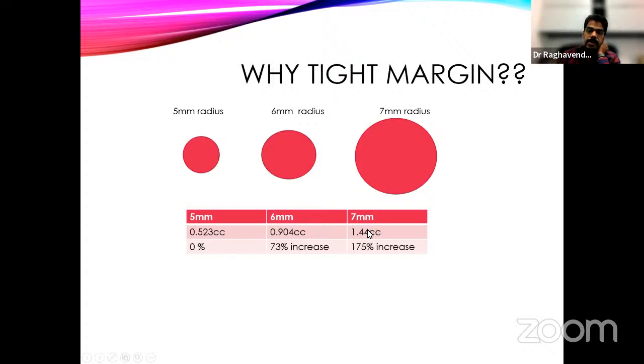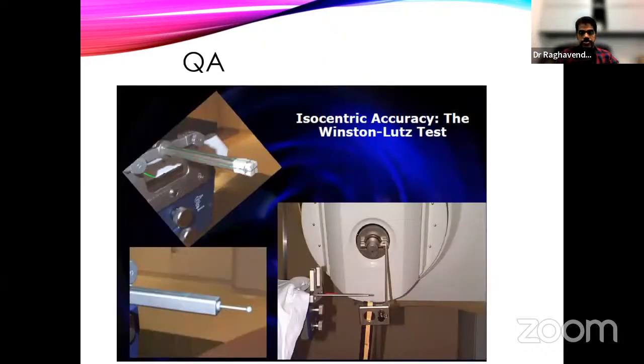By giving 7 mm, that means a 2 mm margin, you are increasing the volume by 175%. Remember, the tumor may be the same, but because of your uncertainty you give 2 mm extra margin. That means you are irradiating that much extra normal structure to a high dose. So that may be detrimental to the patient's life. So that has to be done.